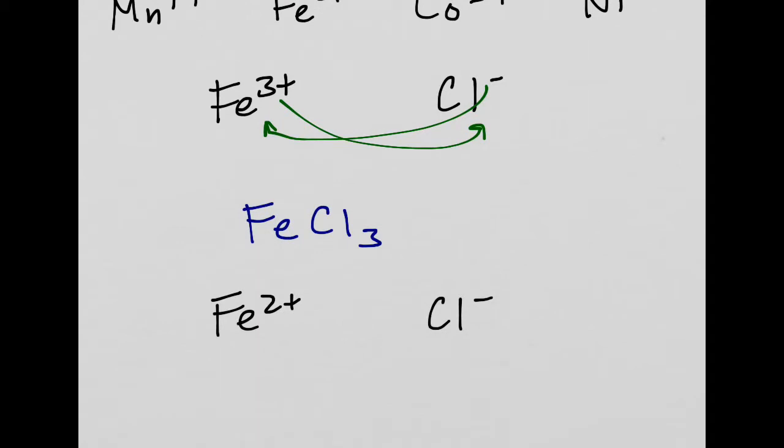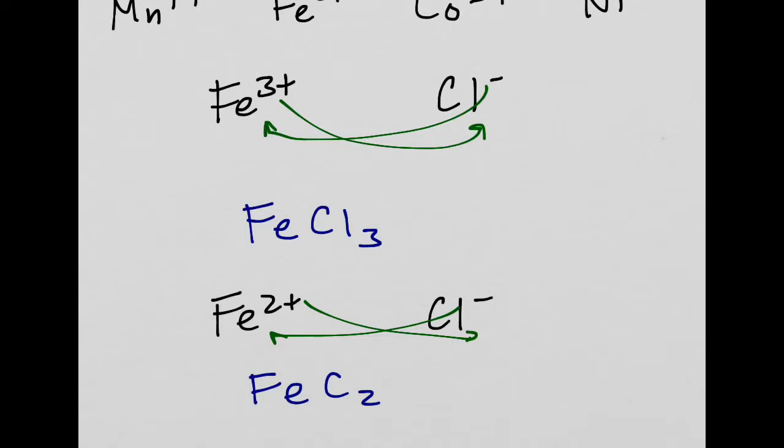Now I'm going to be bringing a different number into the subscripts, and instead of FeCl3, I'm going to have FeCl2. If we just called this iron chloride, there would be no way to distinguish between the iron chloride that has 3 chloride ions versus the one that only has 2 chloride ions.